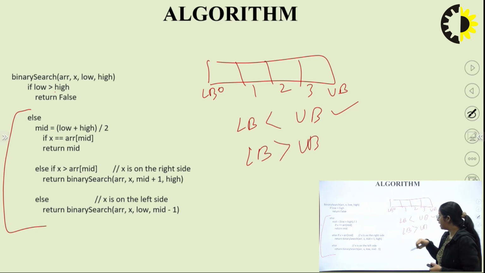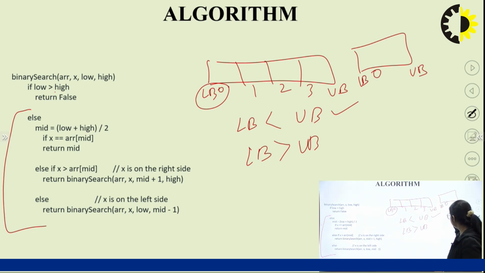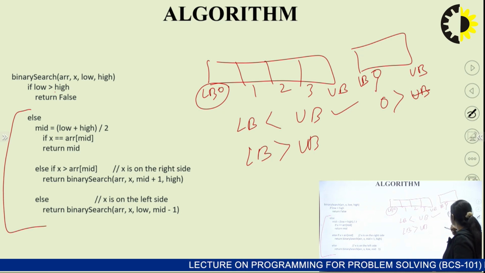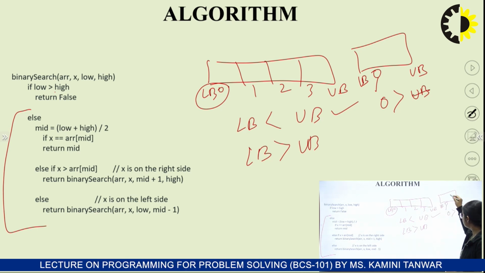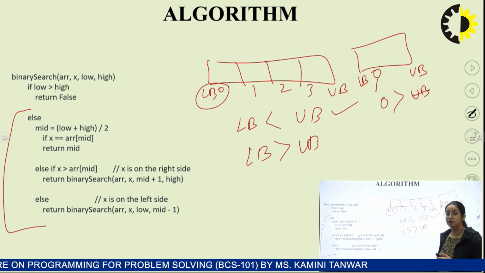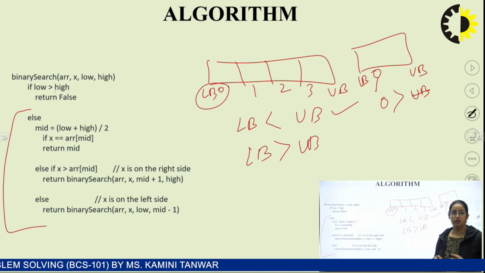What does it mean? Suppose this is the array with only one element, and this is our lower bound and this is our upper bound, both at index 0. So the condition is whether the lower bound is smaller than the upper bound. If we have only one element, or not more than one element, then where are we going to search?